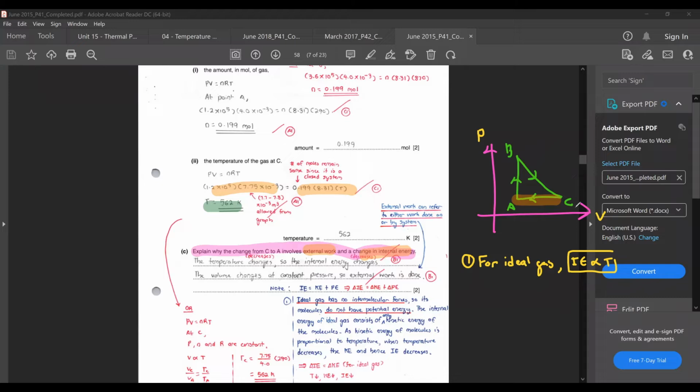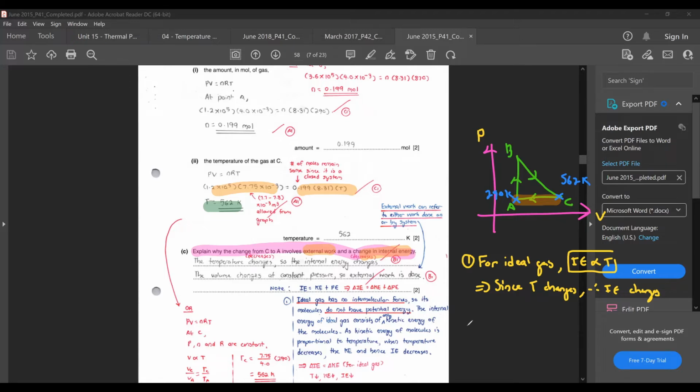It did change, didn't it? This one is actually 562 Kelvin. This one is actually 290 Kelvin. So from here, we know that since T changes, therefore internal energy changes. Okay, so this is the first one.